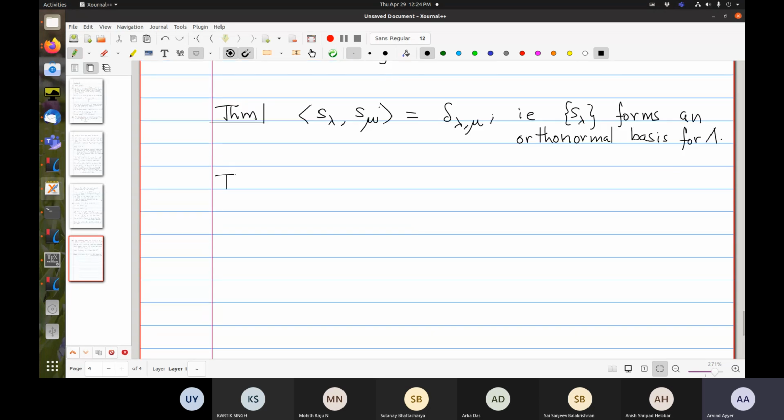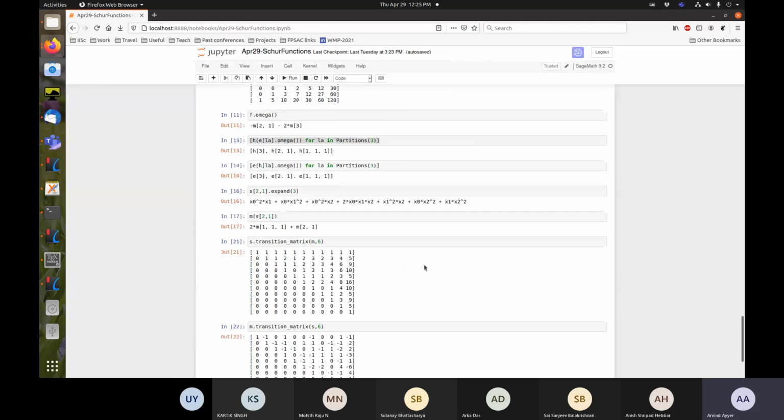The other property which I wanted to explain, again without proof, is the action of omega, this involution. If I act by omega on S lambda, I get S lambda conjugate. So the Schur function indexed by lambda goes to the Schur function indexed by lambda conjugate. I can show you both of these properties.